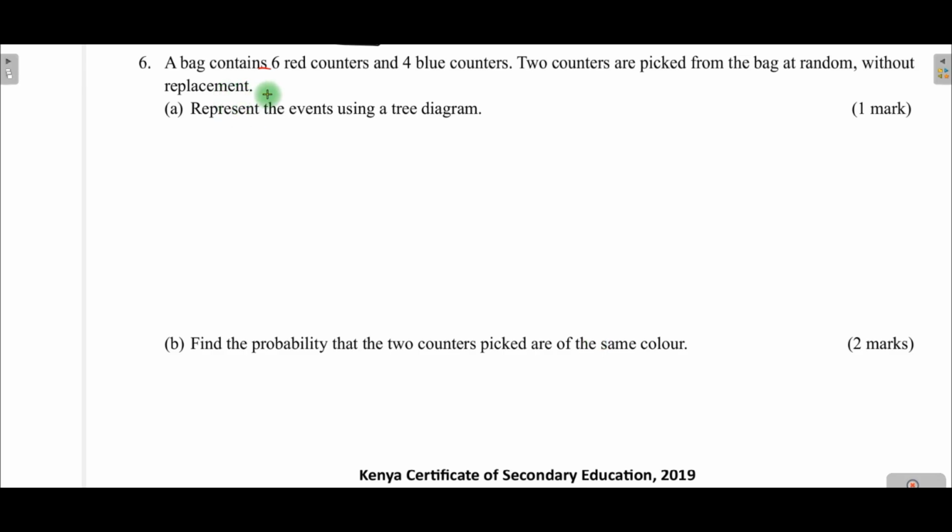So we have a bag containing 6 red counters and 4 blue counters.